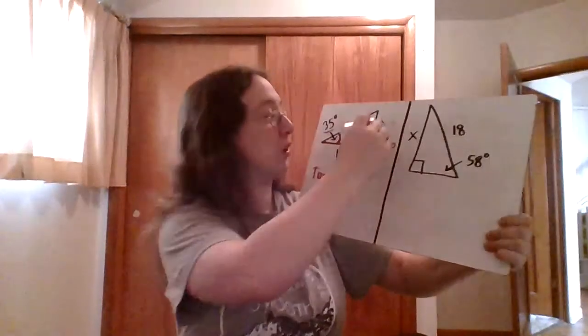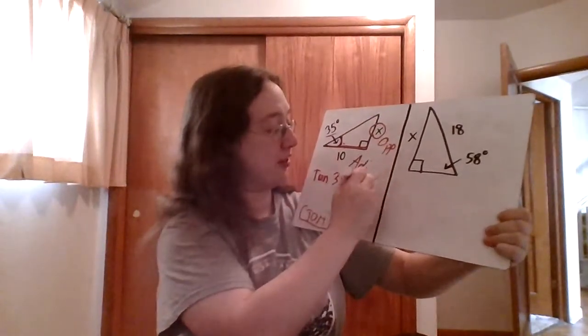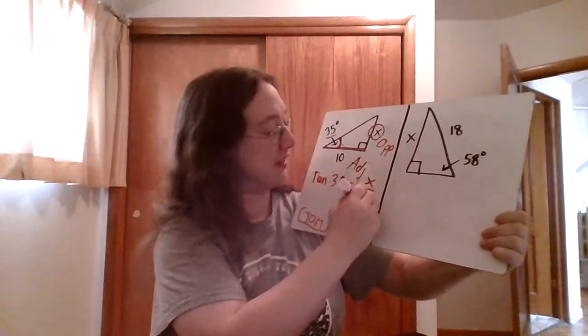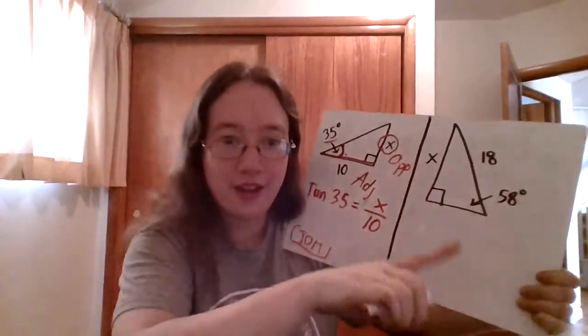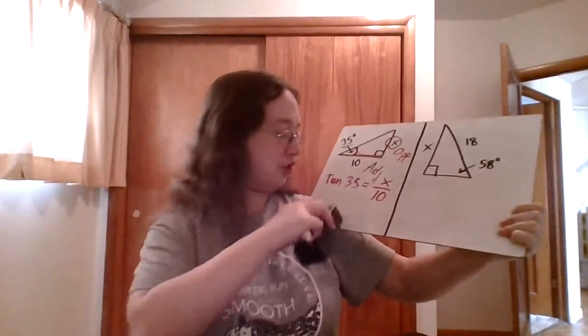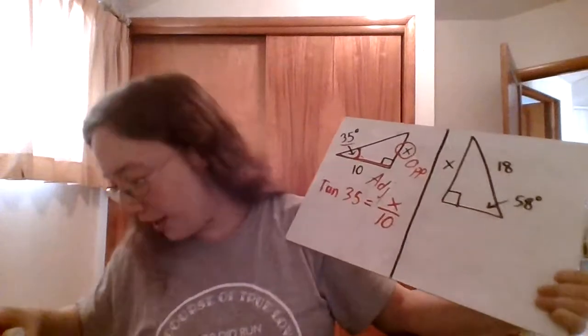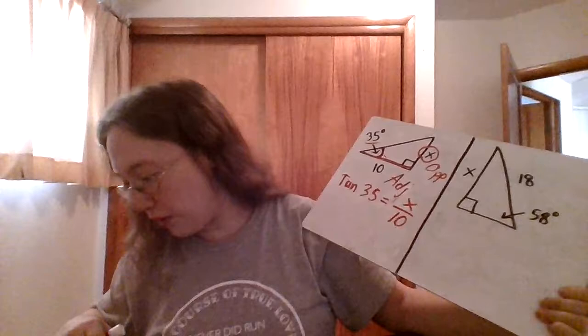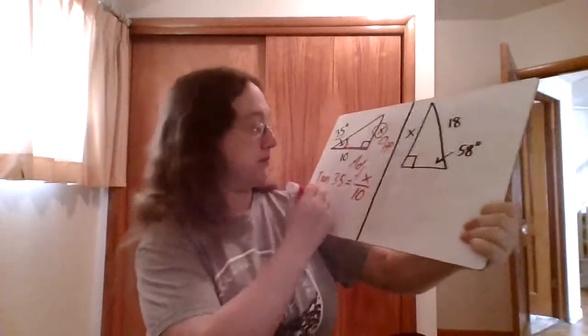And that's going to equal our opposite side, which is x, over our adjacent side, which is 10. Now, this is where you need your calculator, because the tangent of 35 is just a number. So if I punch in tangent of 35, you get a decimal somewhere around 0.7002.